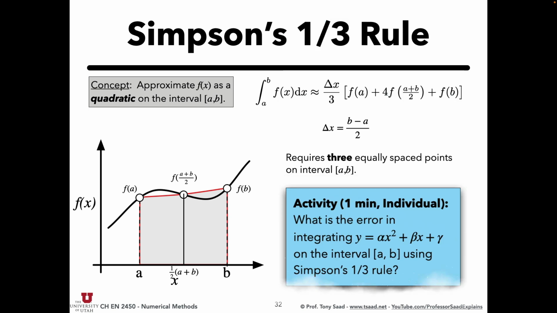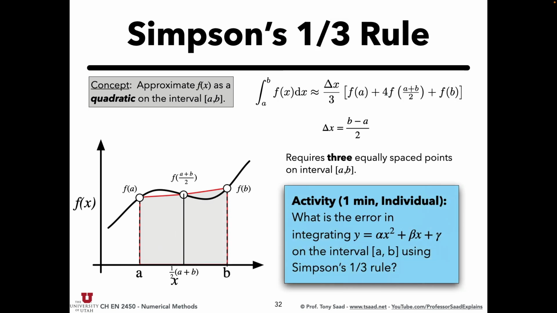All right, so now what is the error in integrating y equal alpha x squared plus beta x plus gamma on the interval a, b using Simpson's 1/3 rule? So we're going to approximate the integral, the area under this curve, with Simpson's 1/3 rule.